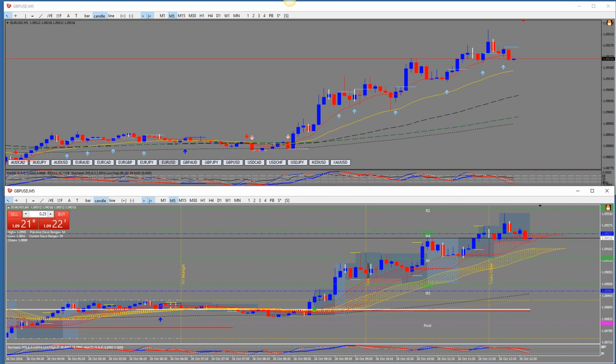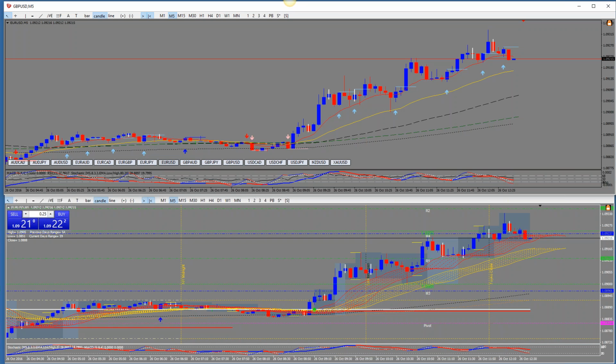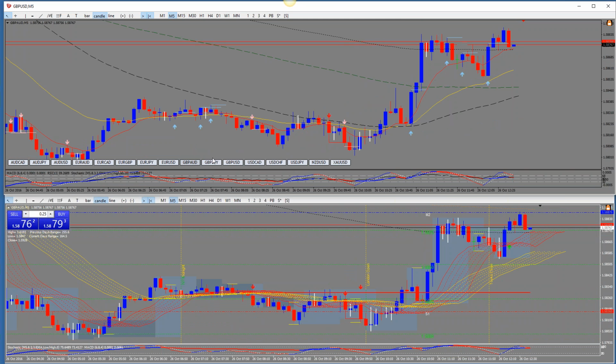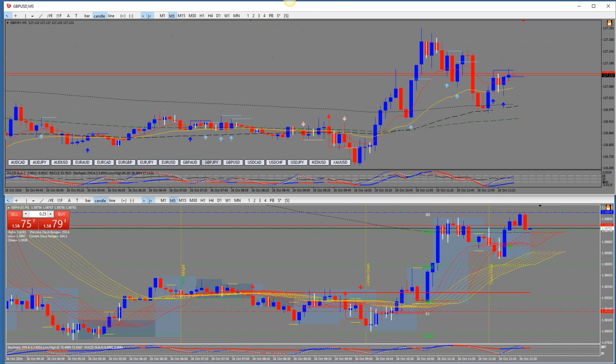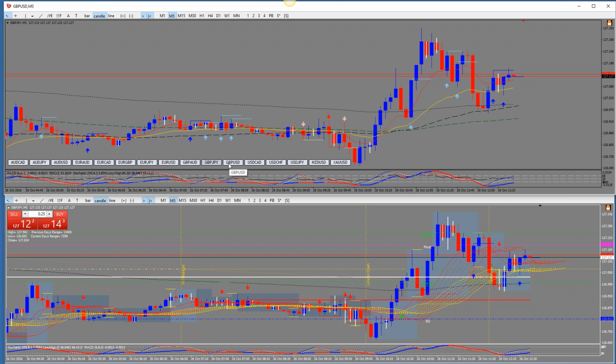Having 3 significant big 1-hour climbs, there is going to be some kind of a pullback going to happen here, I would think. And let's see here. Just might not even get into a trade here.